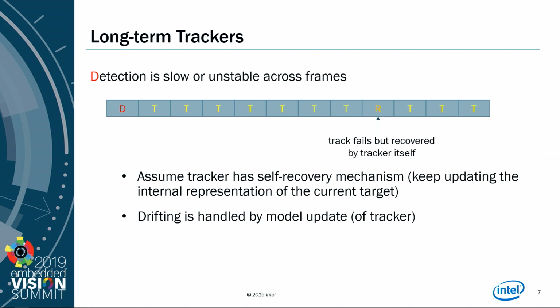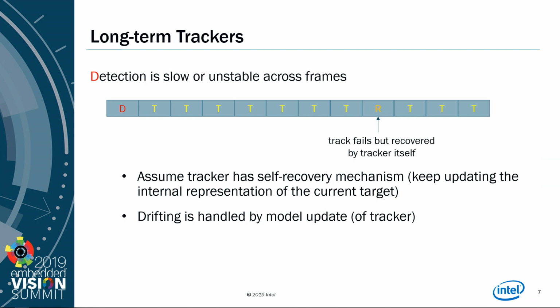To do the auto-recovery, we need to keep updating the internal representation of the current target from the tracker side. So obviously, the drifting problem is handled by the model update of the tracker. As you can see in these figures, the detection is only used at the very beginning of the frame, and most of the remaining frames are handled by the trackers.